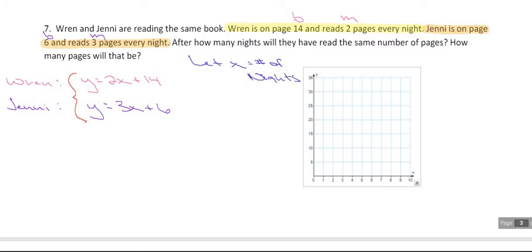Okay, so the x-axis is number of nights. And our y value, or the total from plugging in with this slope-intercept form, that's going to be our page number. Okay, so number of pages. So y is number of pages.